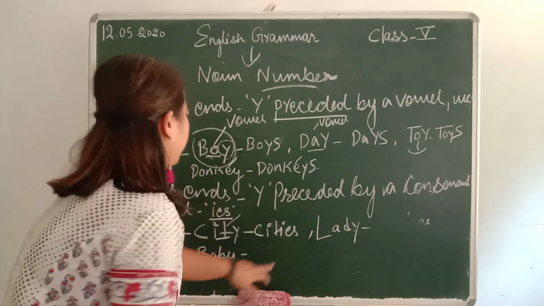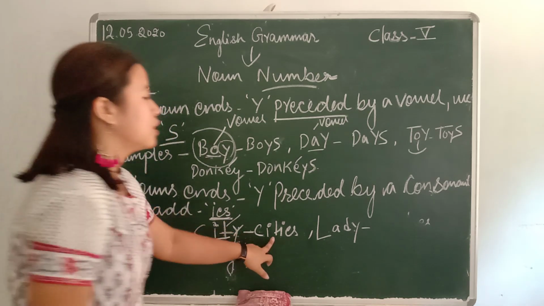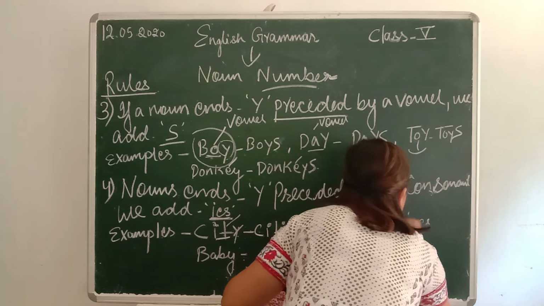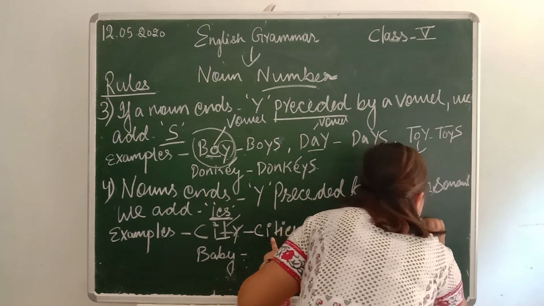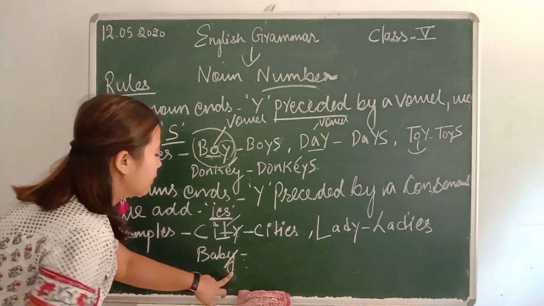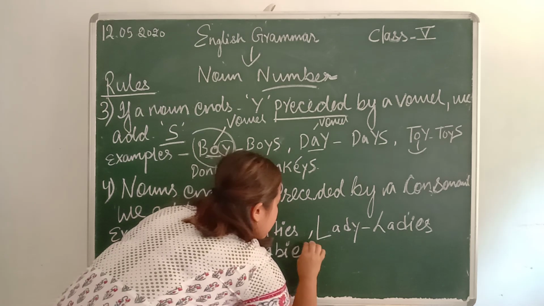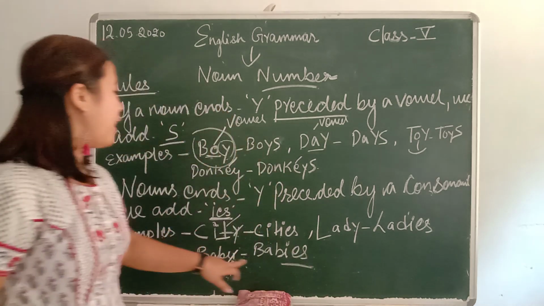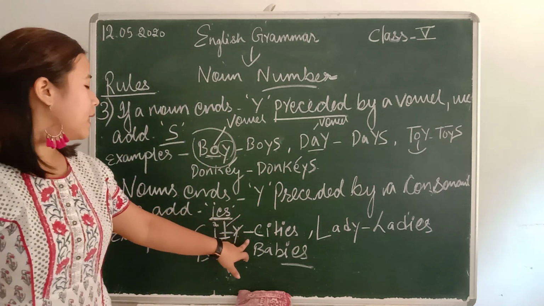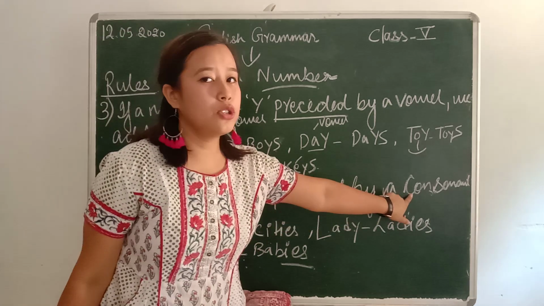C-I-T-I-E-S. So we have to add I-E-S instead of Y. So lady becomes ladies. Baby, we have to cut this Y and put I-E-S instead when there is a consonant.